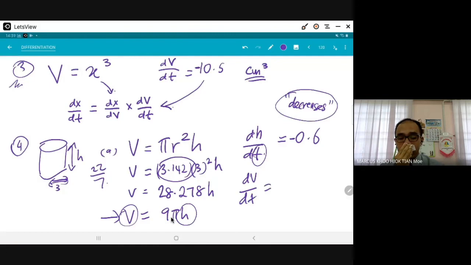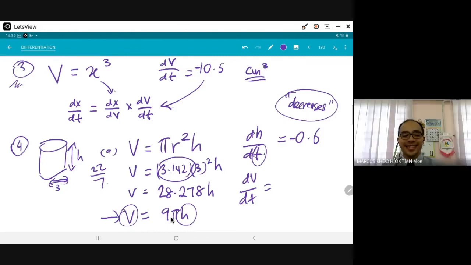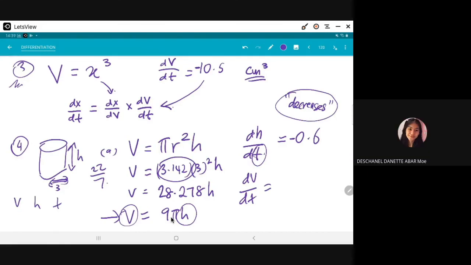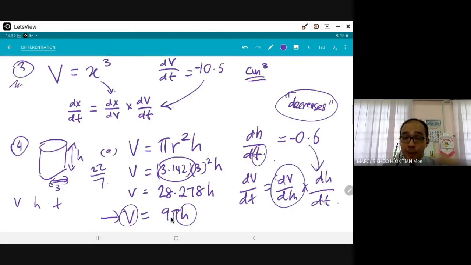The chain rule will be V, H, and T: dV dH times dH dt. You find dV dH, the value, then you substitute negative 0.6. Remember, it's negative, because the question asks for decreases.